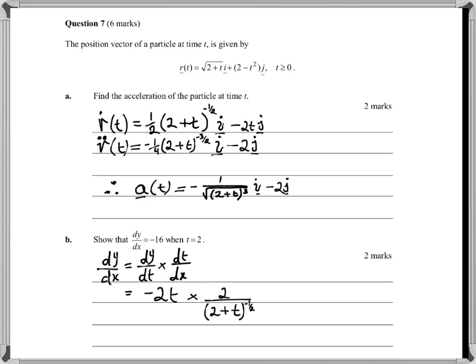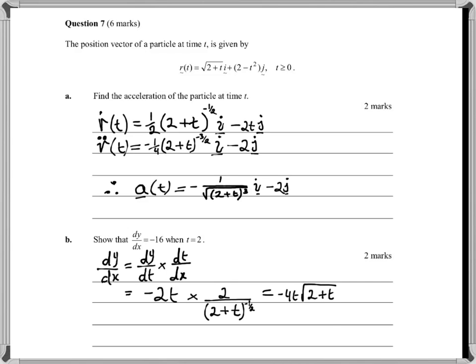And then dt/dx is just the reciprocal of dx/dt. dx/dt is what we've got here, a half times 2 plus t to the power of negative a half. If we do the reciprocal of that, we're changing the negative a half into a positive a half, or 1 over the bracket to the power of negative a half.